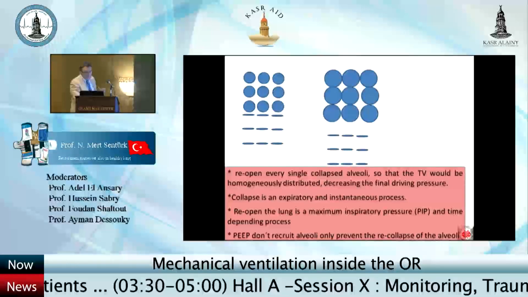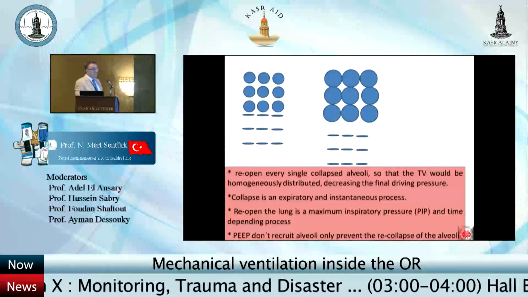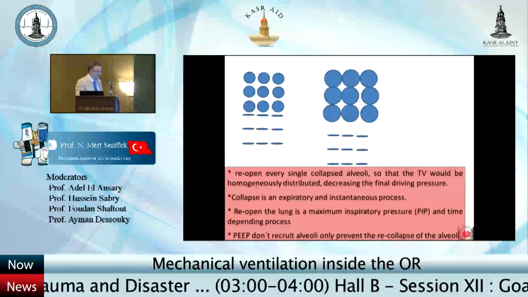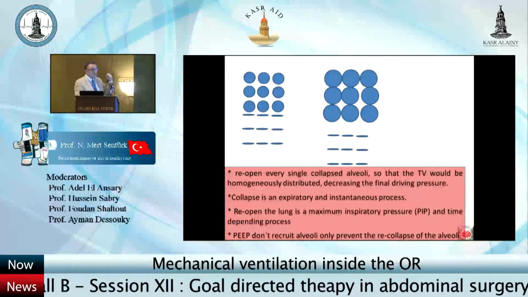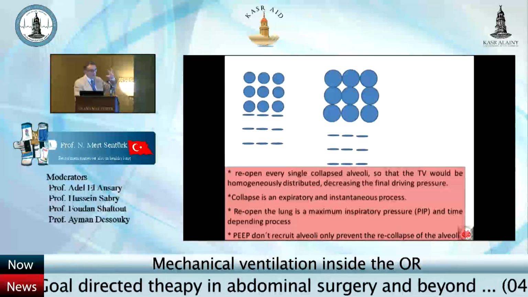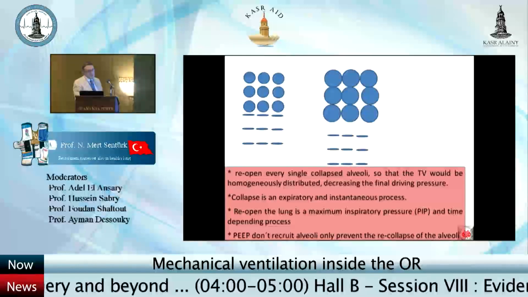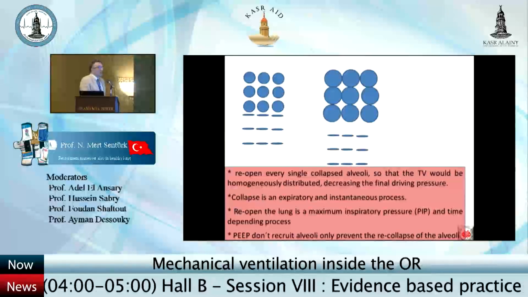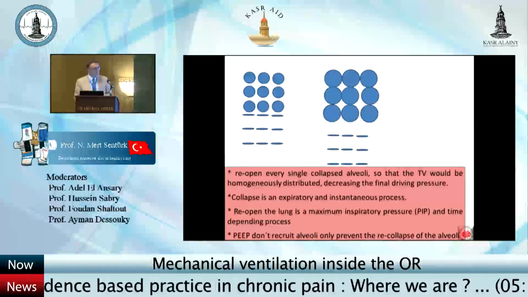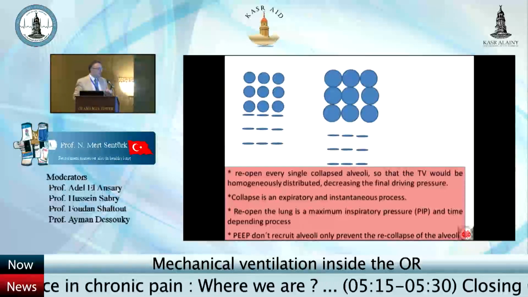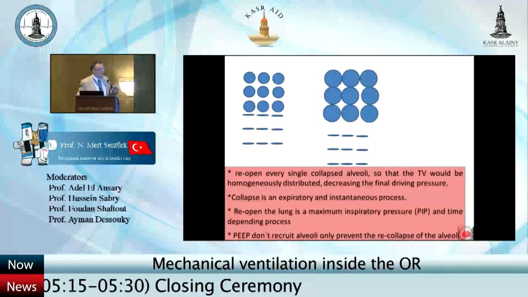So, in that way, I can prevent the alveoli from being opened and closed again in every respiratory cycle. This is the most important reason: this cyclic opening and closing is the most important cause of lung injury. Otherwise you will have a collapse in every expiration, and therefore you have to prevent this. PEEP does not recruit alveoli; it only prevents the recollapse of the alveoli.